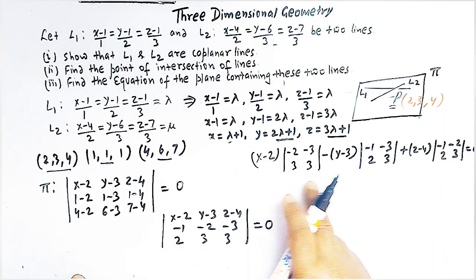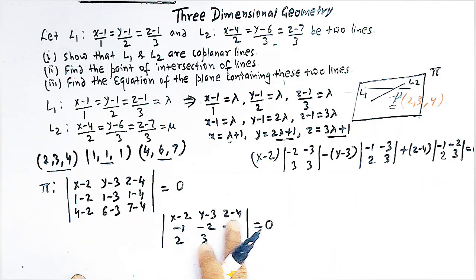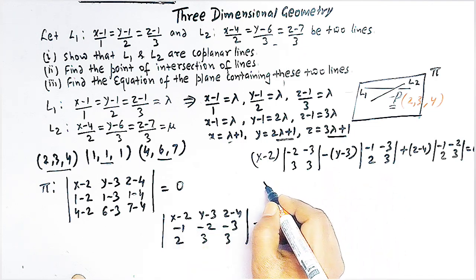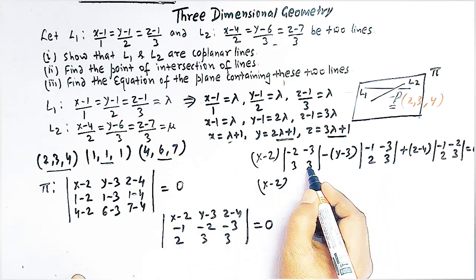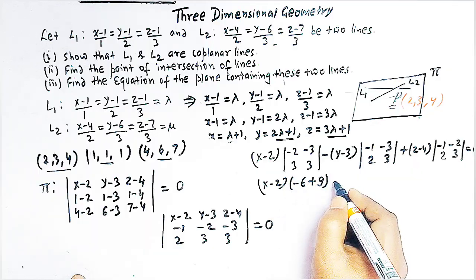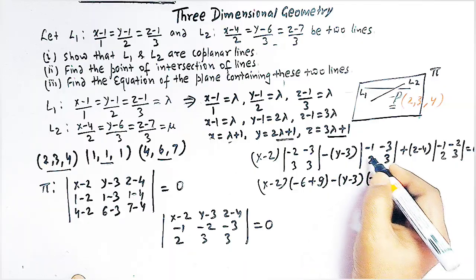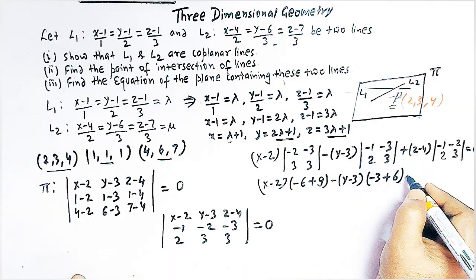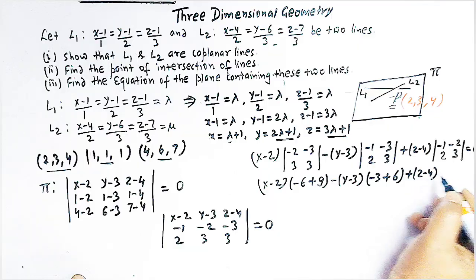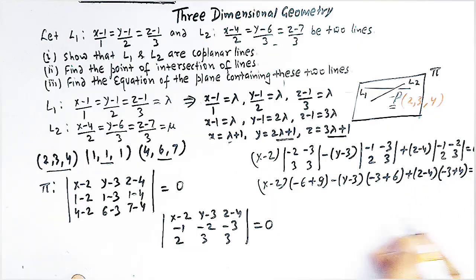By the concept of cofactors and minors, we can expand this determinant of order 3 like this. So we have x minus 2, minus 6 plus 9, then y minus 3, minus 3 plus 6, and then z minus 4, minus 3 plus 4, equal to 0.